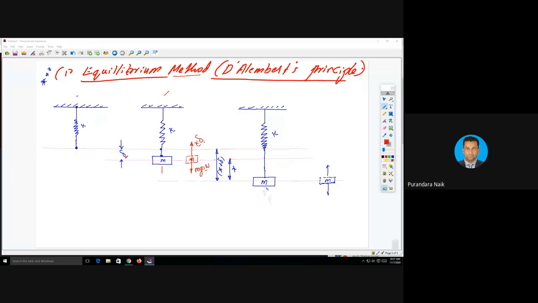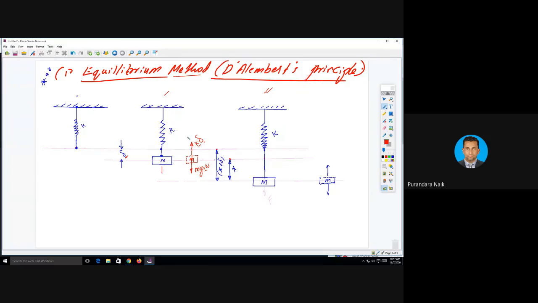That is the statement called the equilibrium method or D'Alembert's principle. D'Alembert's principle says that whenever a vibrating system is in equilibrium, let us consider the third position is also in equilibrium, the algebraic sum of the forces and the moment acting on it is 0.